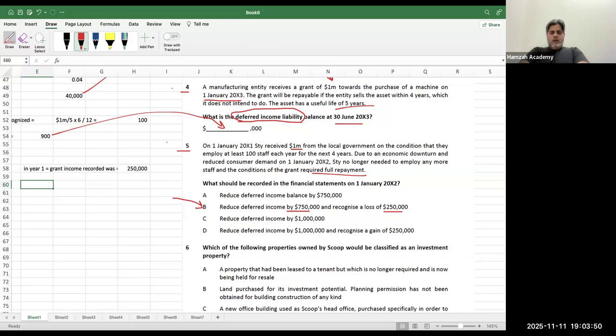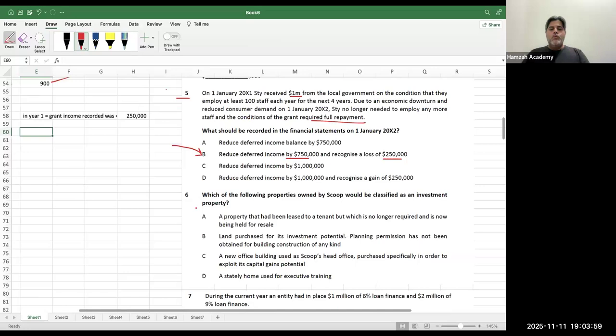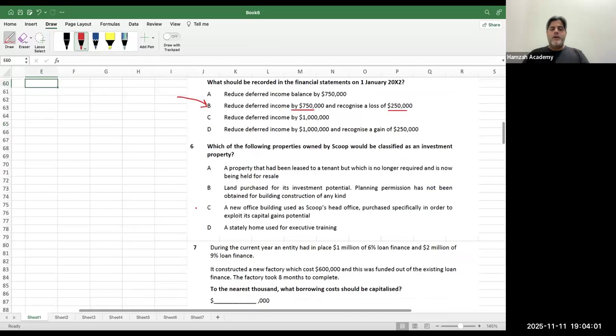Okay. Now, moving ahead from here, we have the investment property. Which of the following properties owned by Scoop Limited would be classified as an investment property?